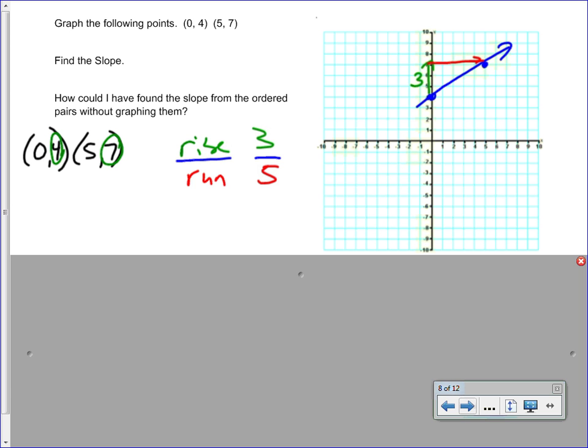that these 2 numbers, if I take a look from a 4 to a 7, that gives us a 3. And from a 0 to a 5, that gives us 5. So one way to think about slope is this.